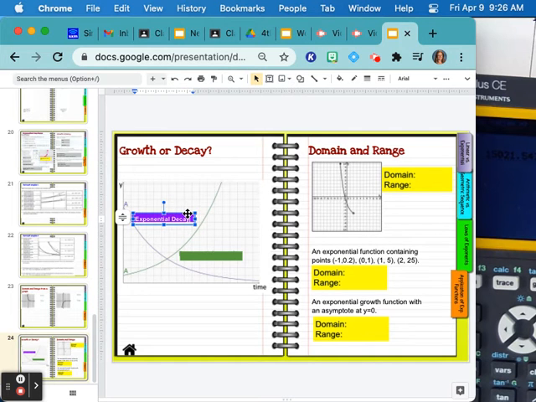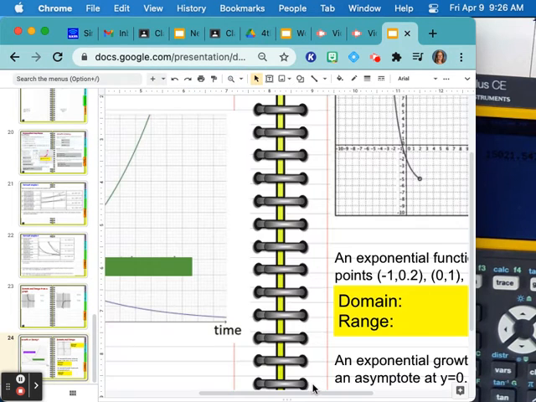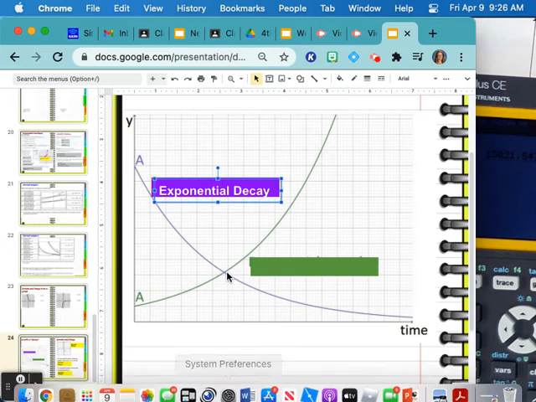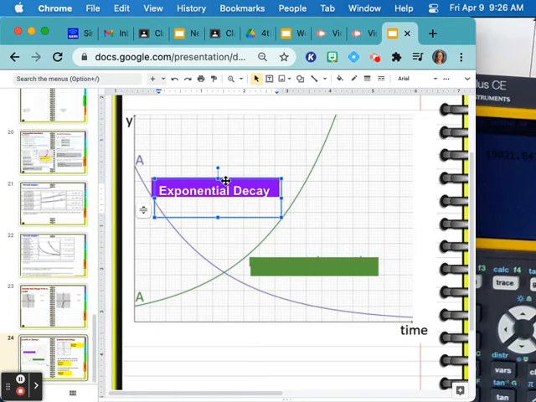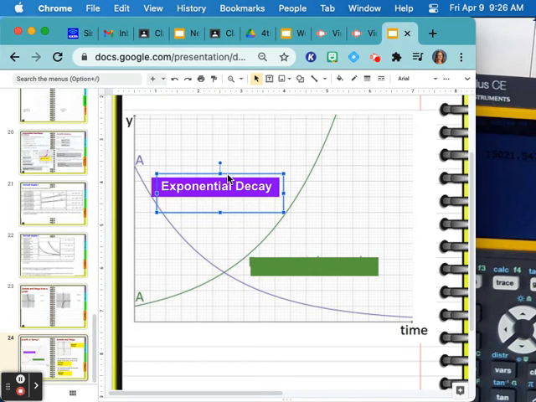Decline, decay. So if it's going down, it's a decay. And the number, the percent rate, is going to be between 0. I need to change the color after that.